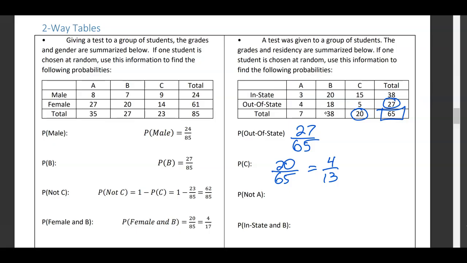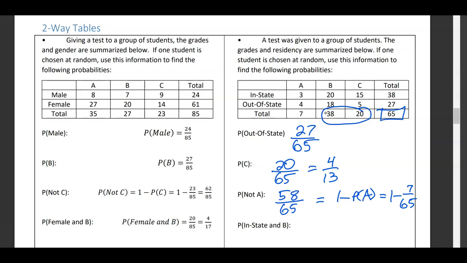Probability of not A. Now for the not A, we can look at all the ones that are not A. There they are. We have subtotals. There are 58 that are not A's. We can just add them up directly. Or we could do 1 minus the probability that they are an A with the complement rule, and also get 58 out of 65.